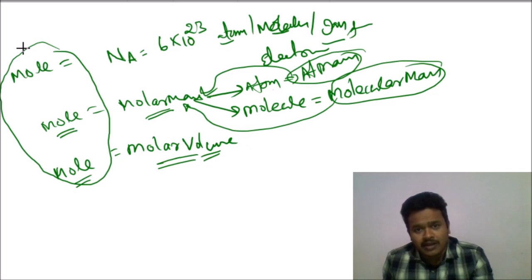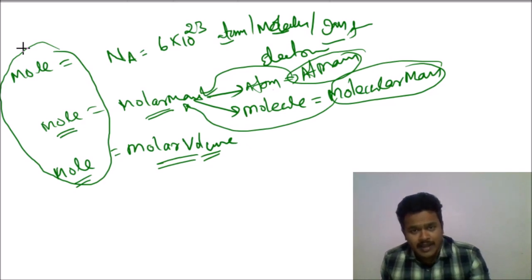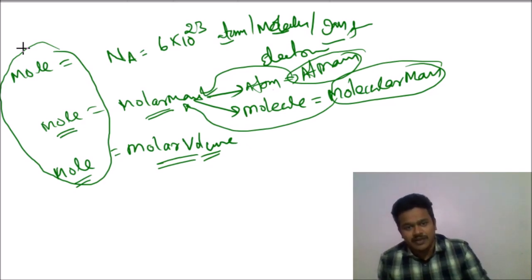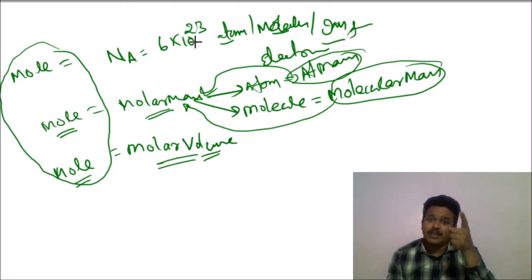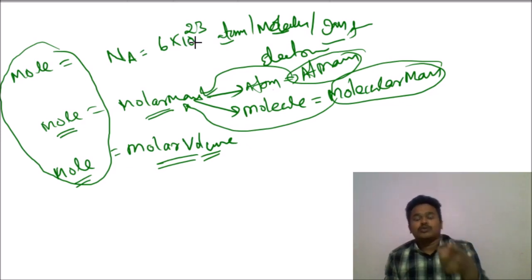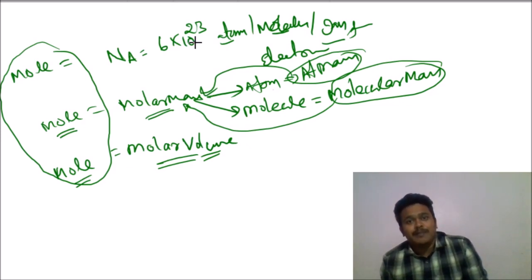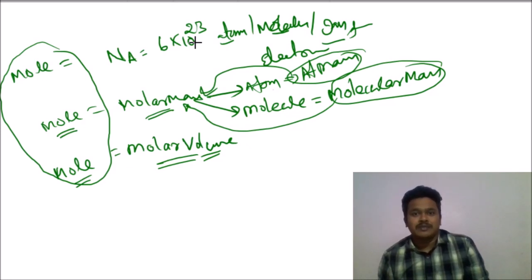If you are not getting a proper idea, watch the video once again. If you watch it 2-3 times, you will get a clear-cut idea. Understanding these concepts is very important, because these concepts do not belong only to this chapter. They keep coming in each and every chapter. To understand chemistry, you have to understand all these things.